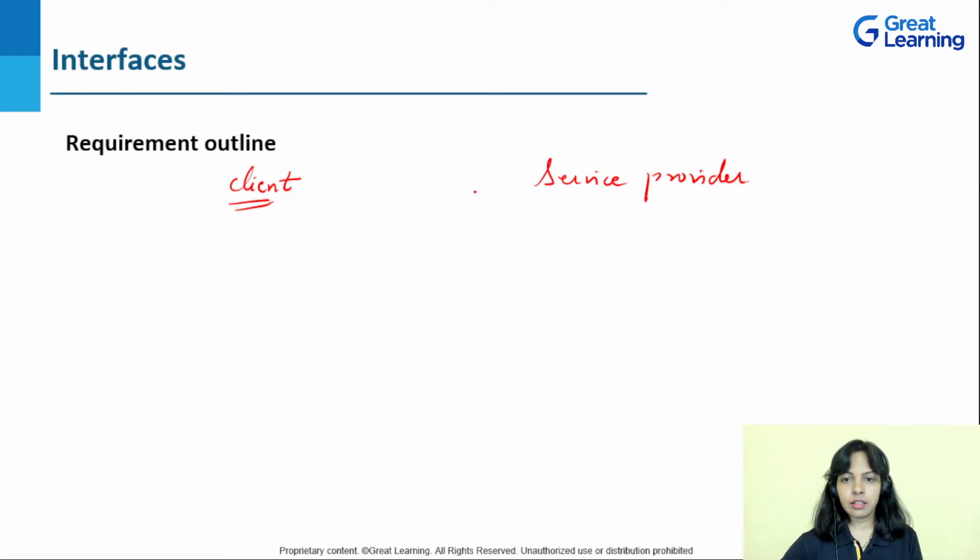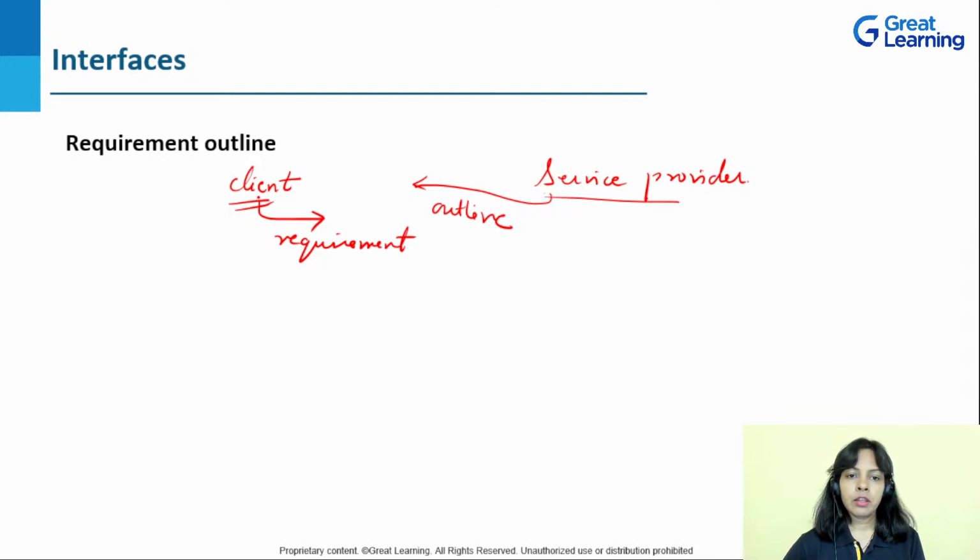I'm talking about a real scenario. The client will give certain requirements to the service provider, who will understand those requirements, prepare an outline and provide it to the client. To understand what that outline is, let's look at one example.